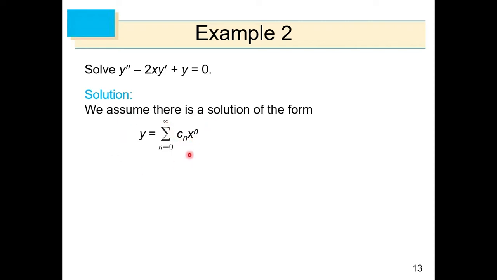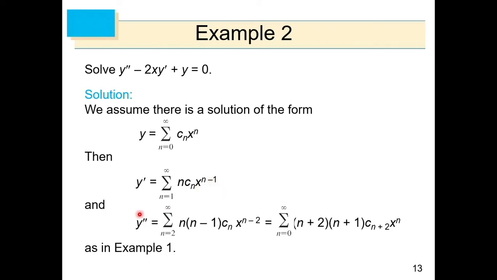Now differentiating term by term, the first derivative of y is equal to summation n is equal to 1 to infinite n into cn, which is a constant, into x raised to n minus 1.